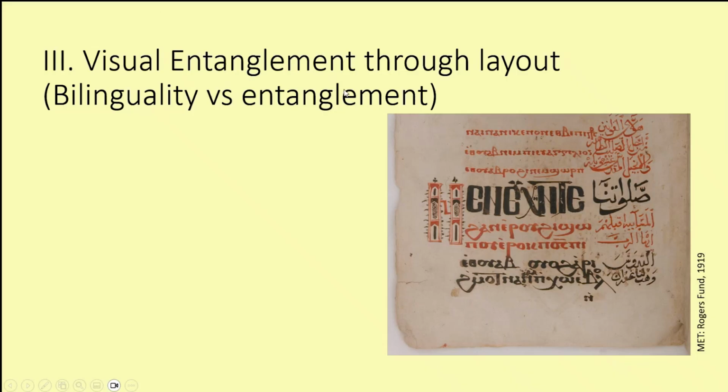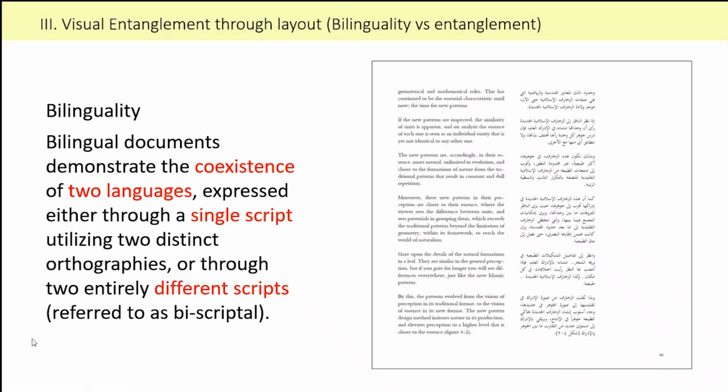The third part is what I called visual entanglement through layout: bilinguality versus entanglement. Bilingual documents demonstrate the coexistence of two languages, expressed either through a single script utilizing two distinct orthographies, or through two entirely different scripts, referred to as biscriptal.